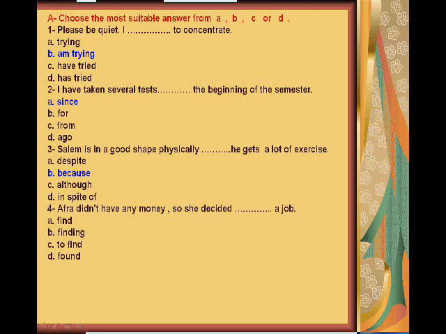So of course then A and D are completely wrong. Forget about them totally. We have A, find, forget about it. D, found, forget about it. And then we have finding or to find. After the verb decided, what should you put? Is it a gerund, finding, or an infinitive, to find? Yes, you have to put an infinitive, to find, because decided should take after it an infinitive.